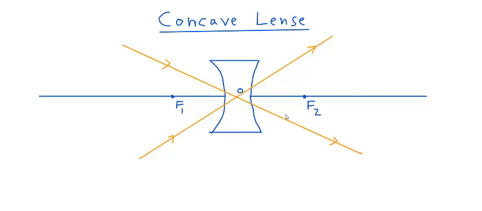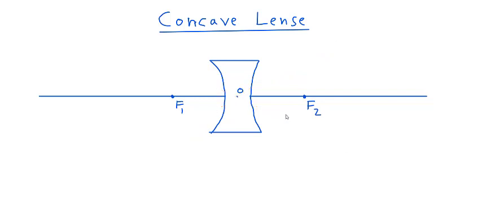So let's put these things together now and see how images are formed by a concave lens. Our object here is going to be a simple arrow. So this is our object, just this arrow here.